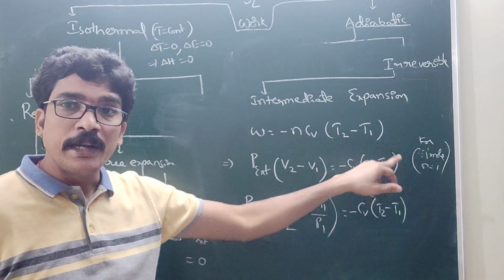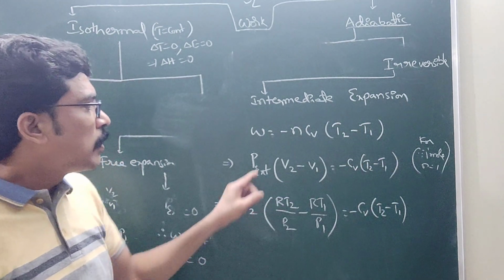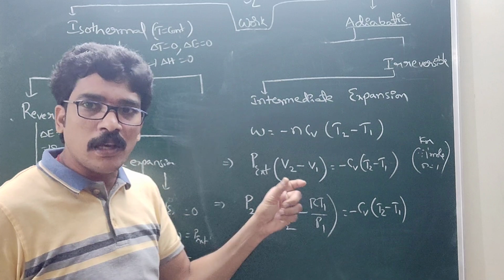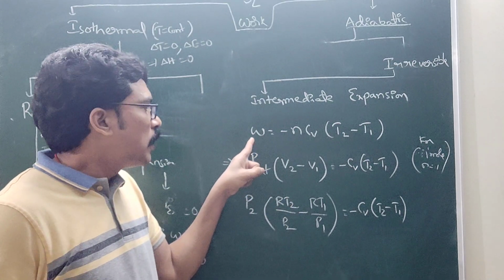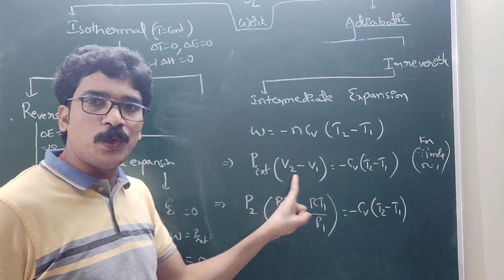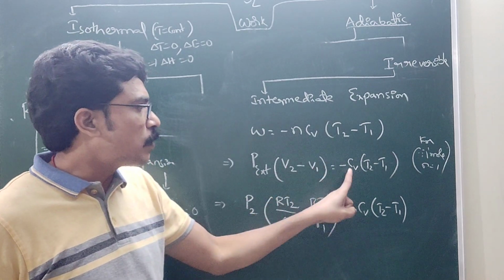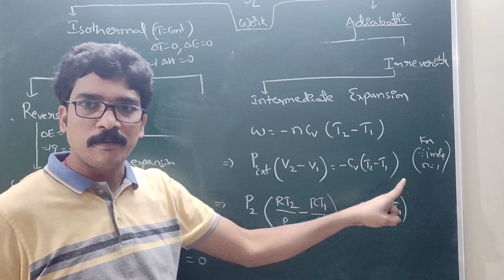Here, work is equal to P external into (V2 minus V1). That is equal to minus Cv (T2 minus T1).